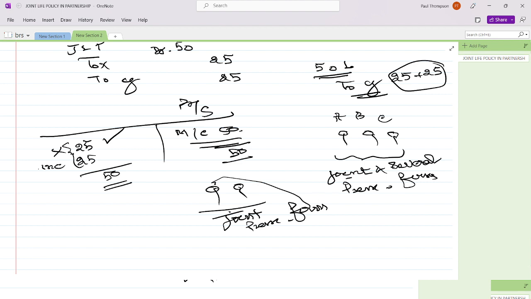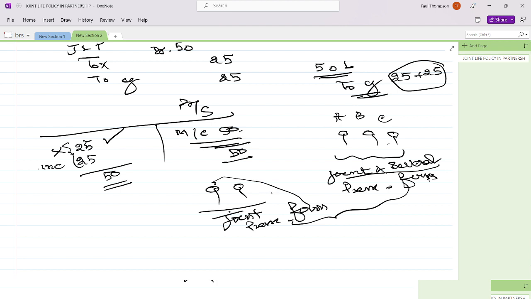Here also the policy is taken separately. It is known as joint and several, and the premium is again paid by the firm only. In both the cases, the premium is paid by the firm, and whoever pays the premium will receive the amount from the insurance company. Make it very clear. So the money received from the insurance company by the firm will be distributed among the partners in their profit sharing ratio.